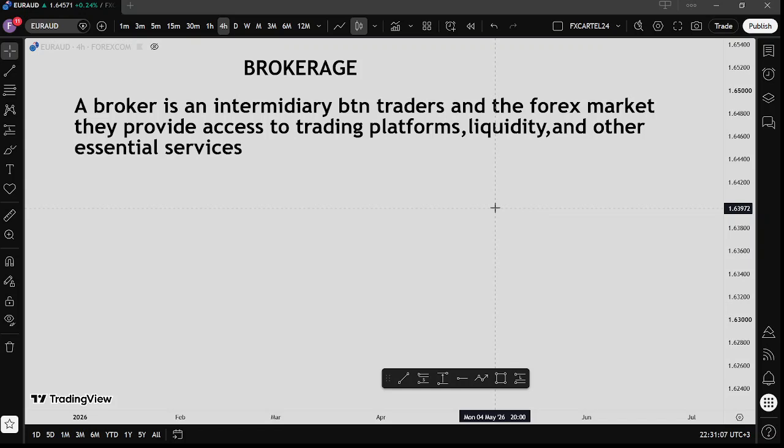So what I mean is you need a liquidity provider. For you personally to trade, you would have to be very, very rich. But these brokers come and enable you to trade.